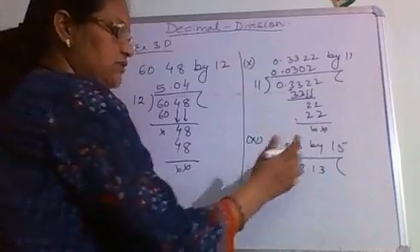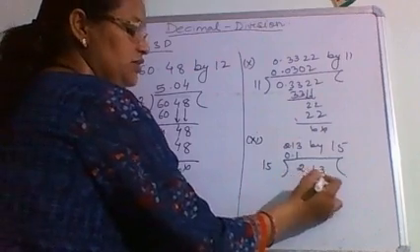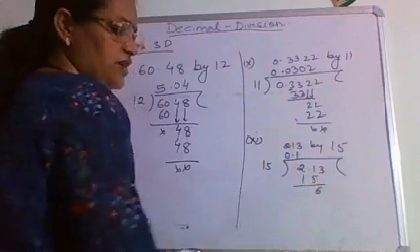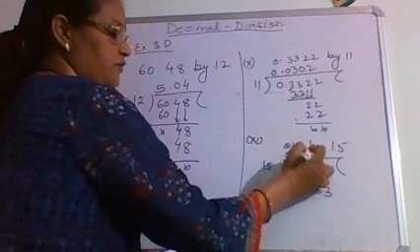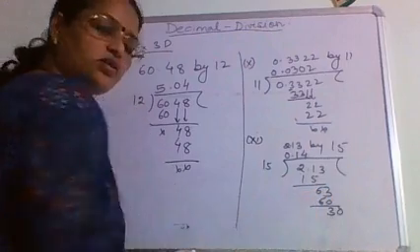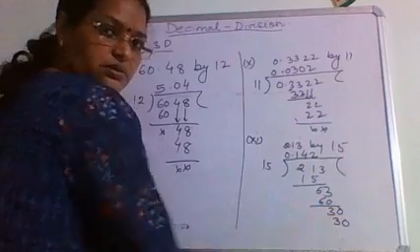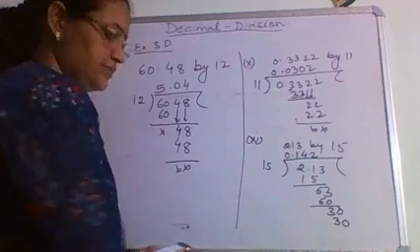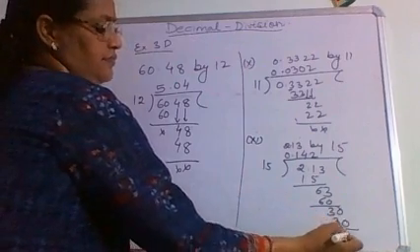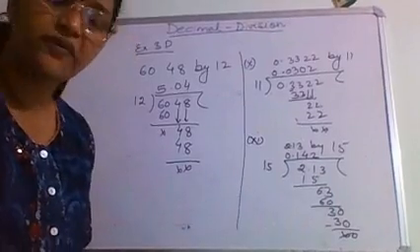So this will become 21. So 15 ones are 15. 11 minus 5, 6. Then 3. 15 fours are 60. 3, 0 automatically comes. 15 twos are 30. Right? So this is how you will do these types of questions.